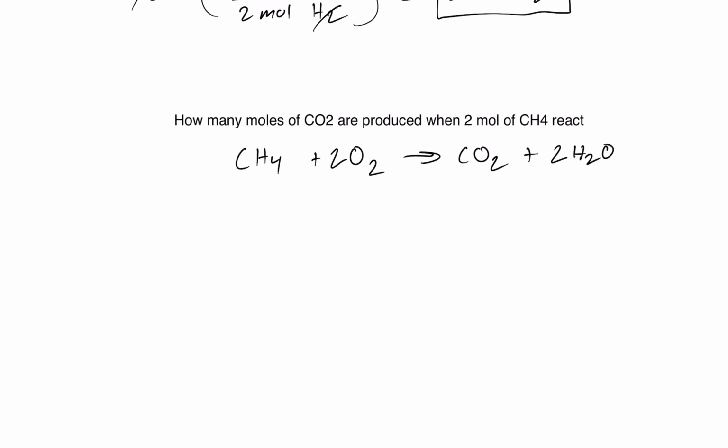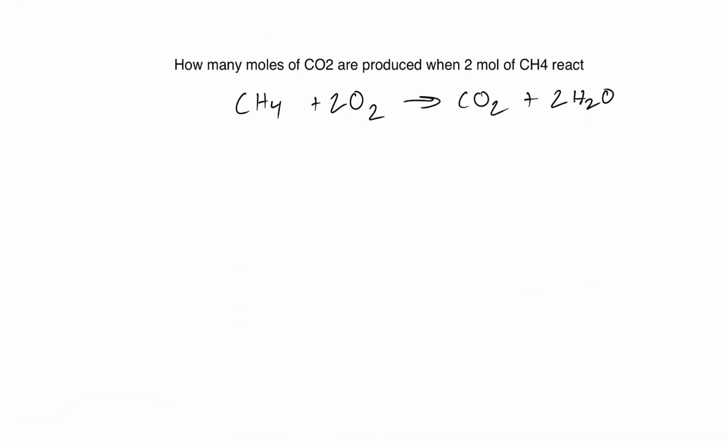Let's try another problem. How many moles of CO2 are produced when 2 moles of CH4 react? Well, once again, we can plug this into the formula. Our known mole is going to be 2 moles of CH4. Our unknown on the top is going to be 1 mole of CO2.